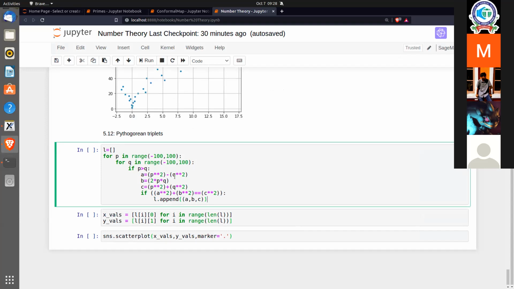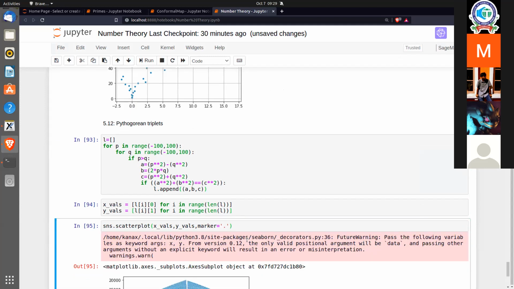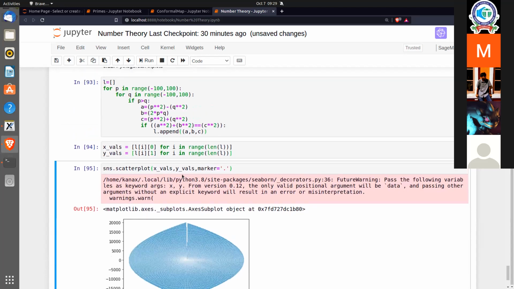But I've not only considered positive values, I've also considered negative values. Now, why I've done that will be clear very soon. So in this arbitrary range, I'm just plotting the function out, and you get this nice plot here. So let's try to interpret this plot.